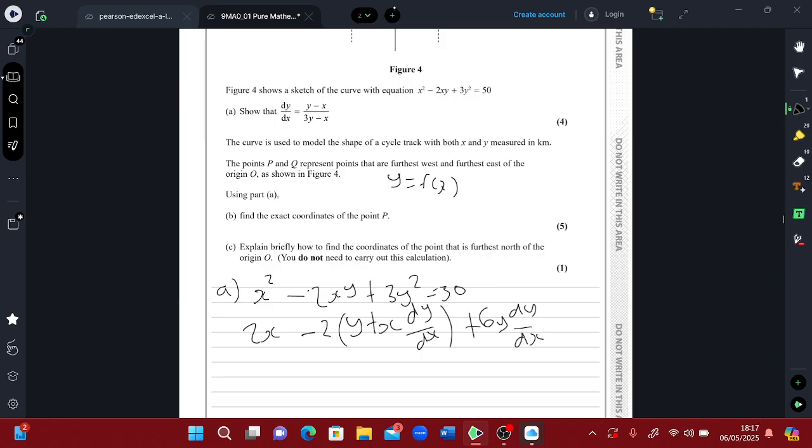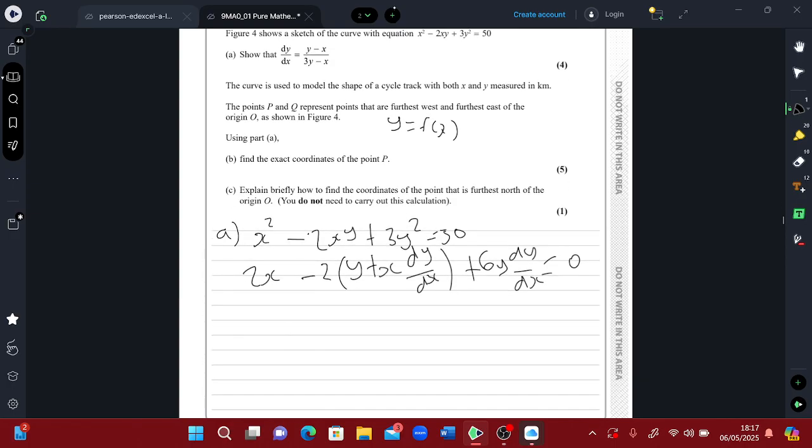And then equals 50, sorry, but that's a constant, so that'll just go to 0. Let's expand this first of all. So 2x minus 2y minus 2x dy by dx plus 6y dy by dx equals 0.